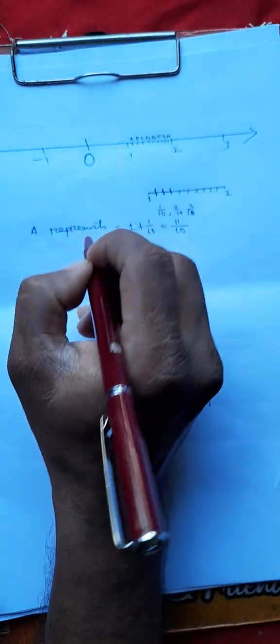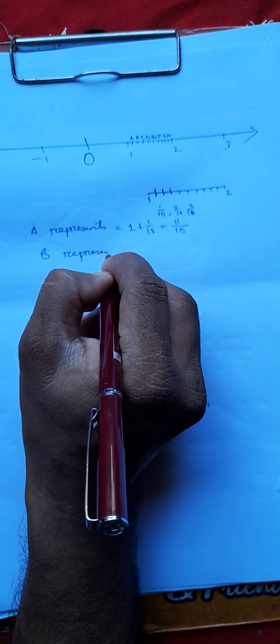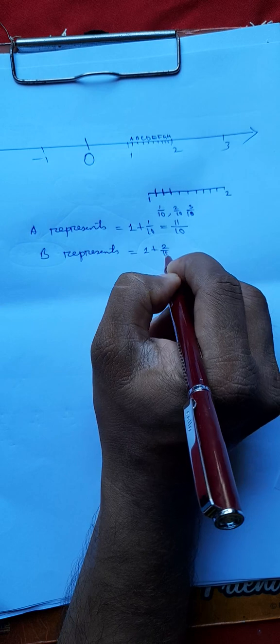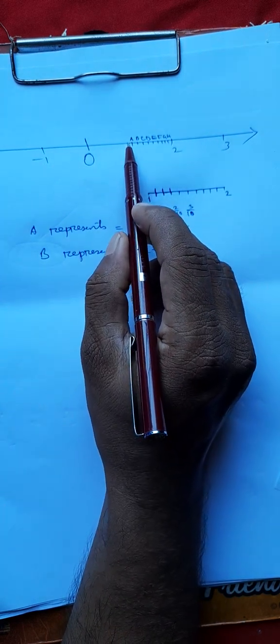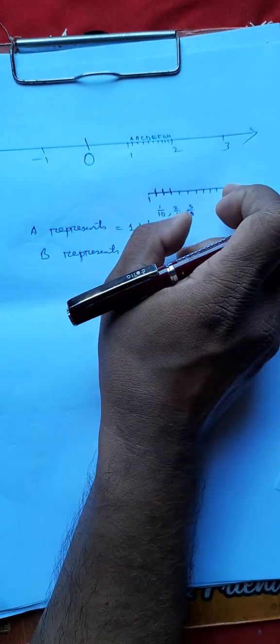Similarly, B represents 1 plus 2/10. Point B represents 2 portions of the segment between 1 and 2.